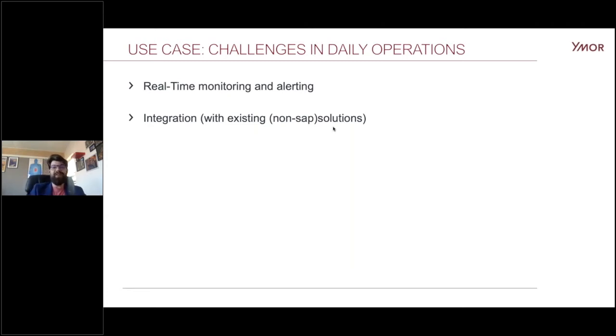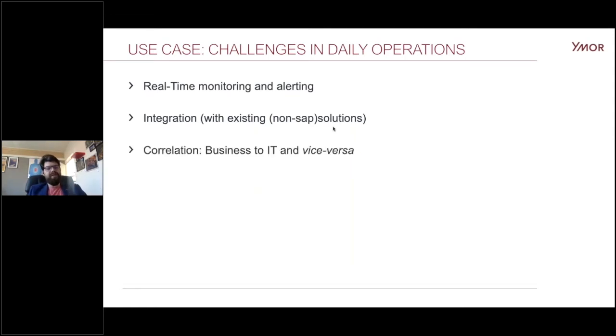But if SAP is not getting the correct information in from the external systems, then SAP can still do its job very well, but the outcome is not what you would expect. So contextually following data through multiple systems, be it SAP or non-SAP, is one of the major challenges that I like to face.